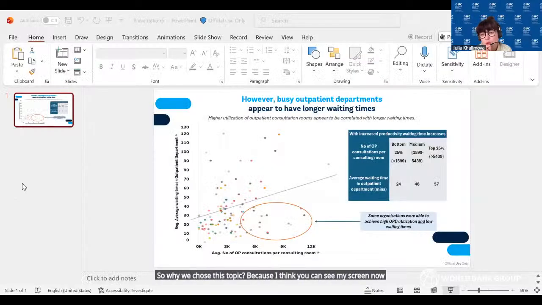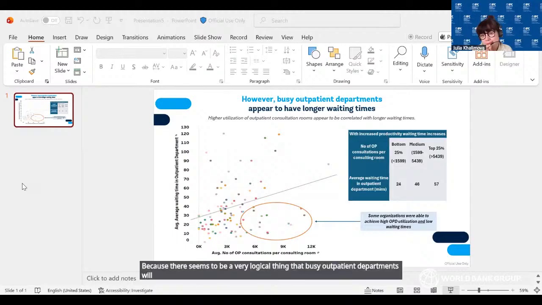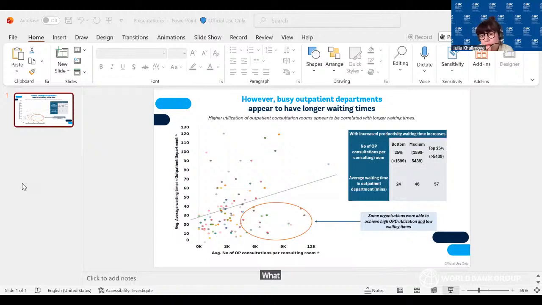So why did we choose this topic? Because there seems to be a very logical thing that busy outpatient departments will always have longer waiting times. Yeah, that's what we all expect. And that's how we kind of justify ourselves as medical facilities. When patients complain, we understand what can we do about it because we are busy. We cannot manage it.